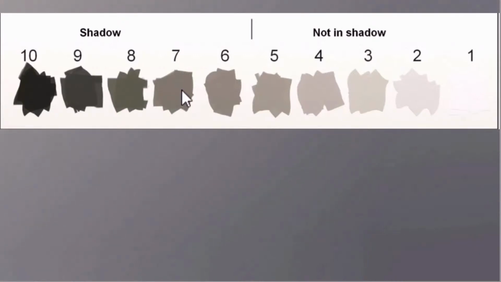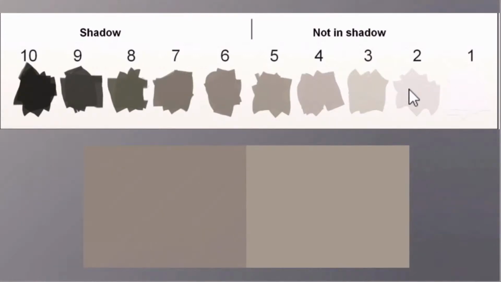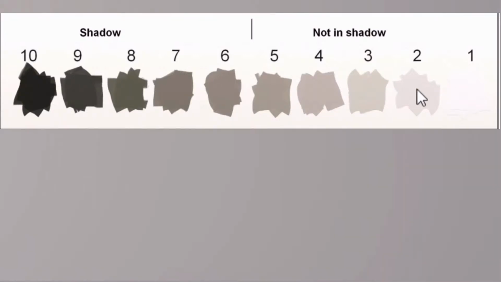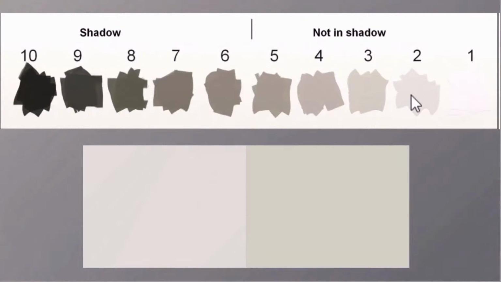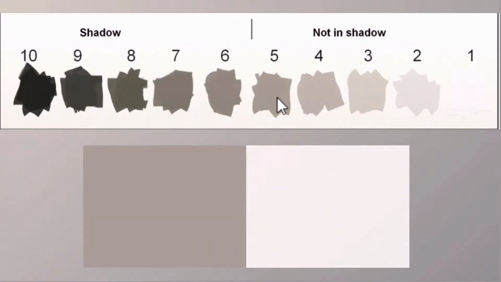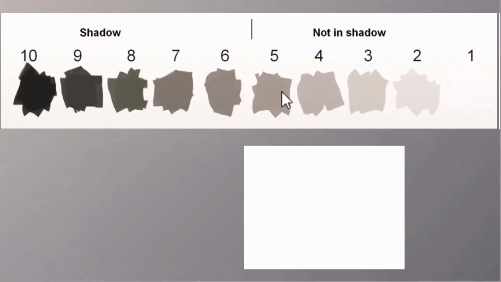The closest value relationship can be any two of these values that are close together in their visual relationship, one slightly darker than the other. The relationship gets stronger the further the values are from each other.